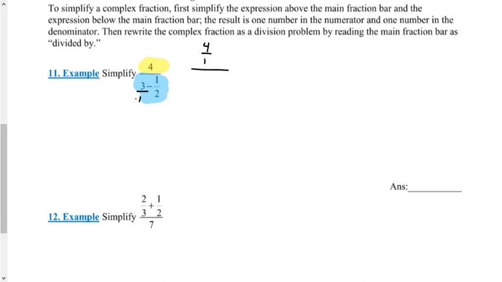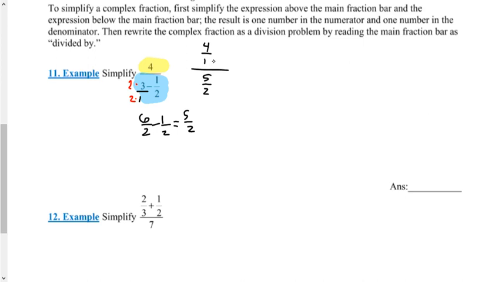You always want to have improper fractions, not mixed numbers, whenever you're working with these complex fractions. So that'll give me 6 over 2 minus 1/2 is 5 over 2. So this blue part down here is 5/2.